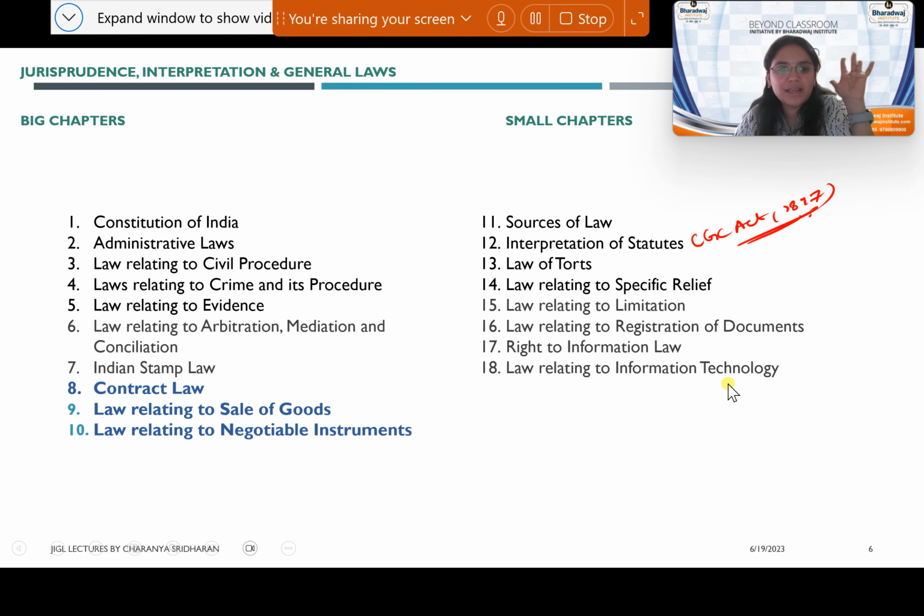This is how I will segregate my syllabus and keep it with me. This is to tell you the amount of time allocation you're supposed to be offering for each of the items in my syllabus. Clear, everybody? Now, in terms of importance, if you ask me to rank them, then I would probably rank Constitution as number 1. This is definitely important.